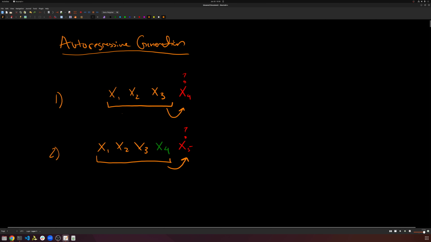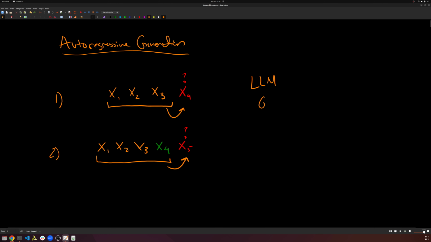And the reason this is called autoregressive generation is notice that a prediction from a previous step, we predicted x4, becomes an input to the model for a future step. And that's why it's called autoregressive generation. And so this is effectively how most things like our large language models work today.